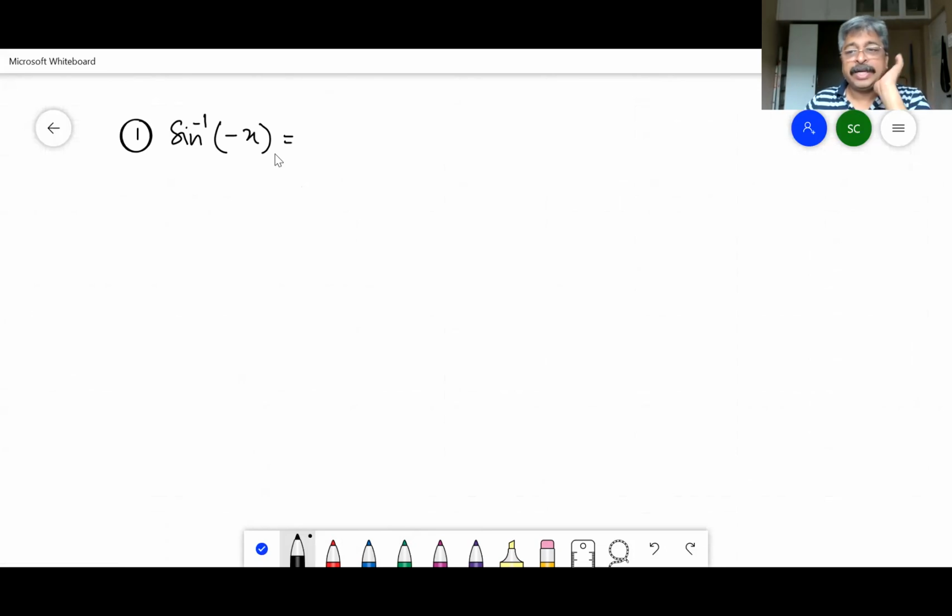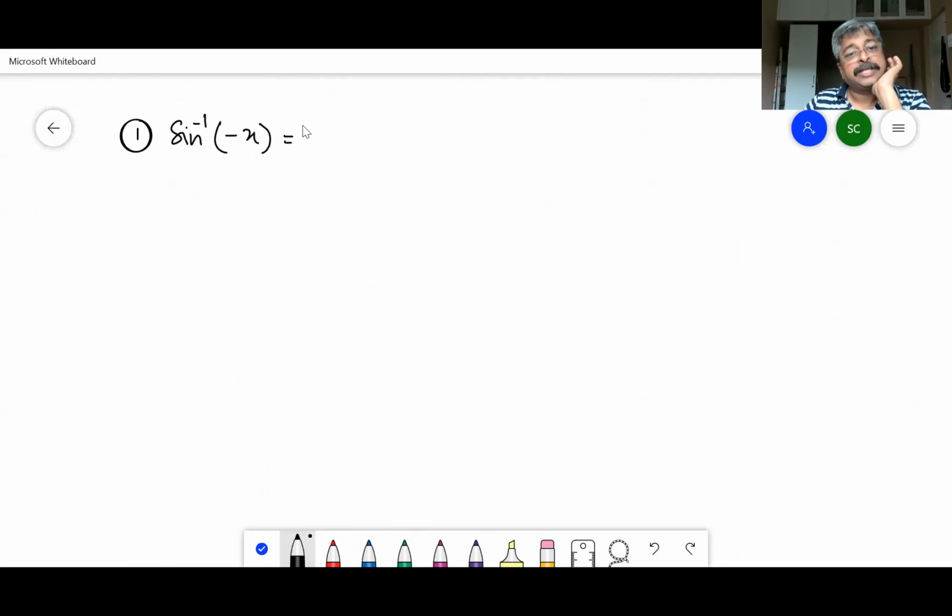Now, every time you write sine inverse, you need to have an angle in your mind. This is the measure of some angle. And minus x is a real number. This is not an angle. This is actually the value.